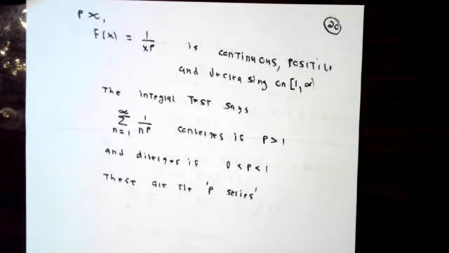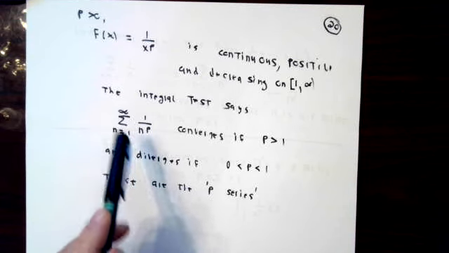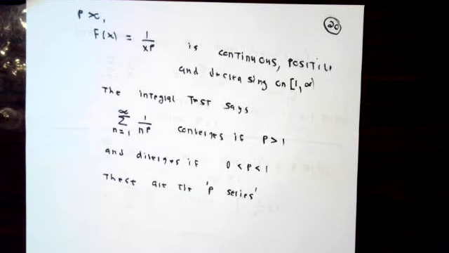What does this have to do with what we've been talking about? If p is positive, f of x is 1 over x to the p. It's not hard to show that this is continuous, positive, and decreasing on the interval from 1 to infinity. So the integral test says the infinite series, the sum n equal 1 to infinity, 1 over n to the p power, converges if p is bigger than 1, and diverges if p is strictly between 0 and 1.